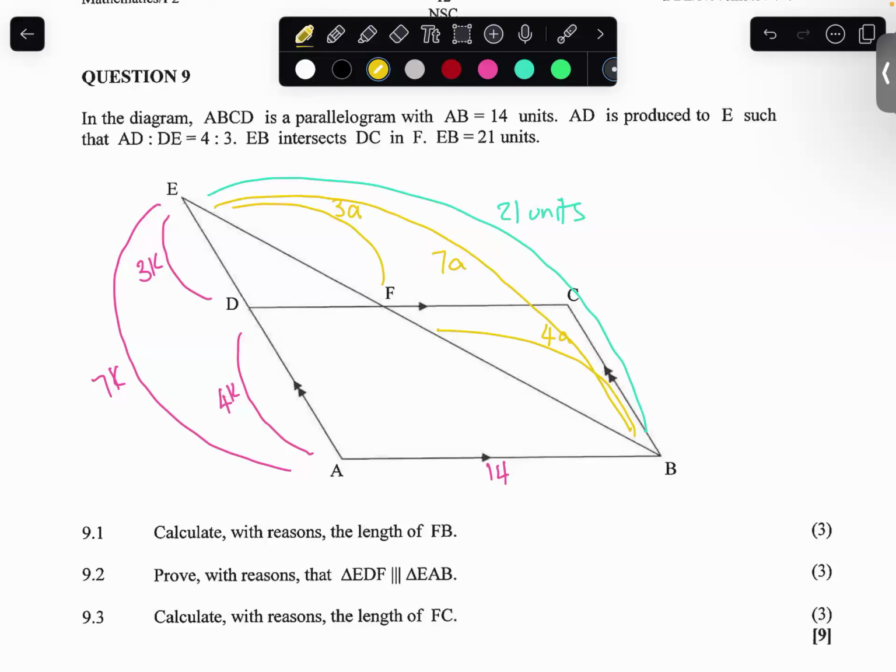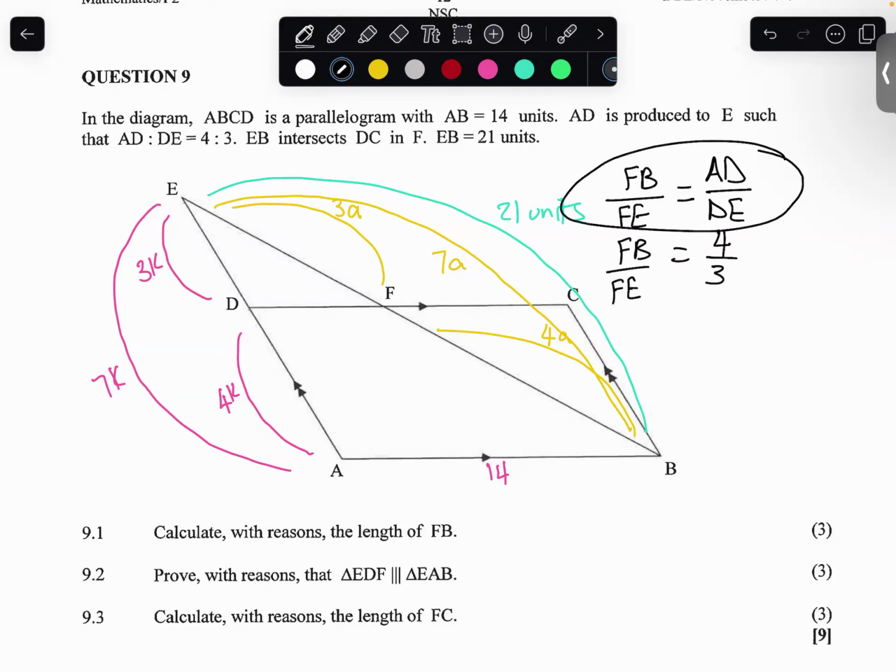Length-wise, that whole length, EB, is 21, but ratio-wise, that whole side is 7A. I'm going to say that one more time. EB, in terms of length, is 21. But in terms of a ratio, it's 7A. I'm going to make that statement first: FB over FE is the same as AD over DE, which means it's the same as 4 over 3.